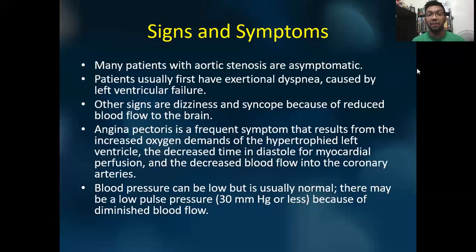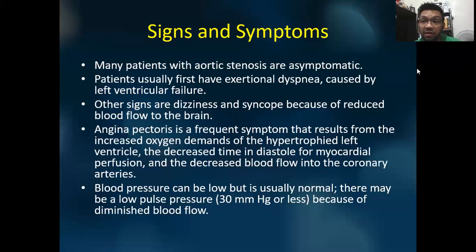And angina pectoris is also a frequent symptom that results from the increased oxygen demands of the hypertrophied left ventricle. So imagine the left ventricle has hypertrophied. It has thickened. So it will demand more oxygen. But if less oxygen is delivered to that hypertrophied left ventricle, the patient is going to experience angina.